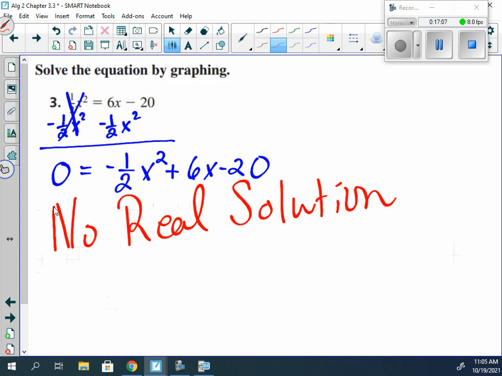It's going to be no real solution. So does that mean there's not a solution at all? Well, no, it's just our solution is not real. We're not talking about real numbers. We're talking about imaginary numbers. And there actually is such a thing as imaginary numbers. And we're actually going to cover them this week. We'll cover what they are. So there is a solution to this function. It's just not real numbers. But there is a solution to it.